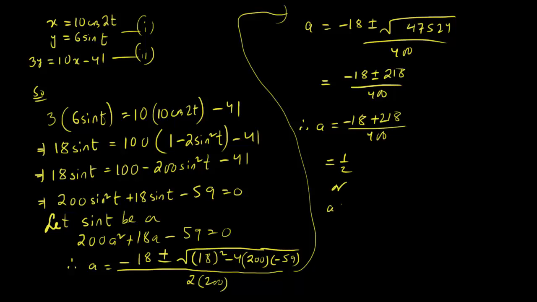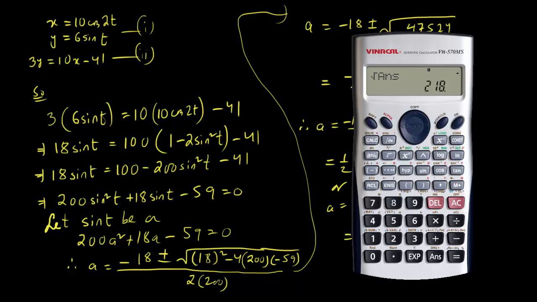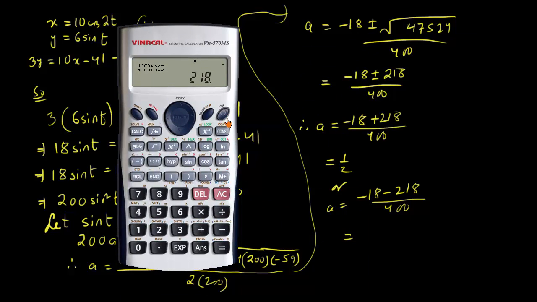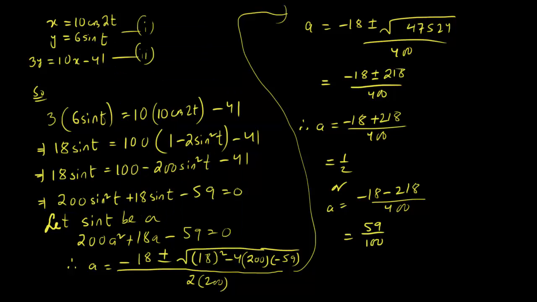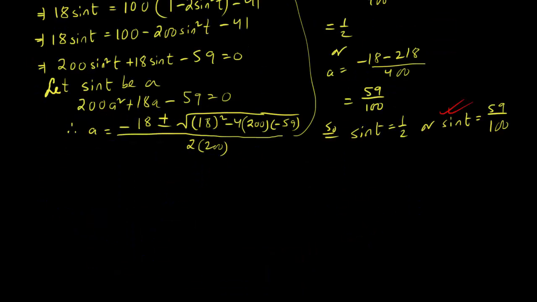Or a equals minus 18 minus 218 divided by 400, and this is going to be 218 and 18, that is minus 236 divided by 400, that is going to be 0.59 or 59 by 100 in the exact form. One more thing, this is going to be negative. I forgot the negative sign. This is going to be negative.